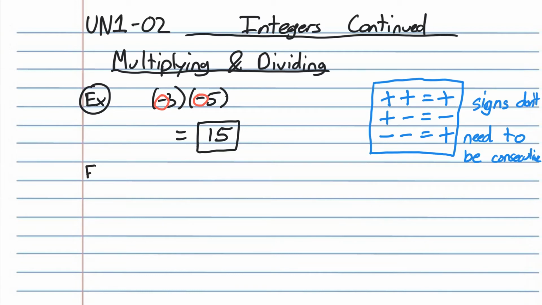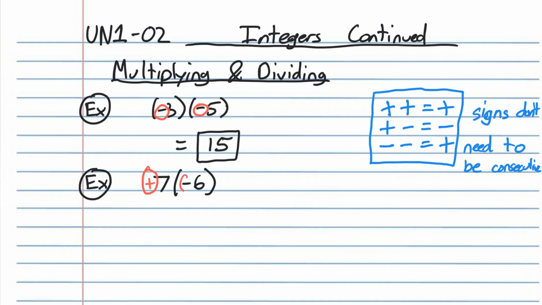Okay, another one. Let's say I said positive 7 times -6. Whenever they don't write it, it's assumed that it's positive. So it's a +7 times a -6.